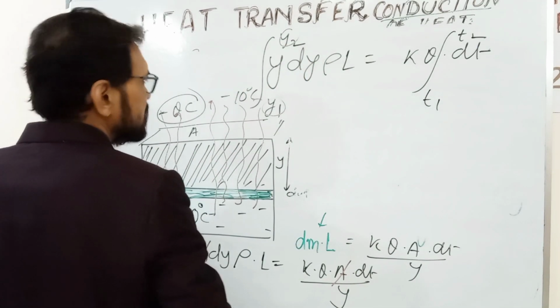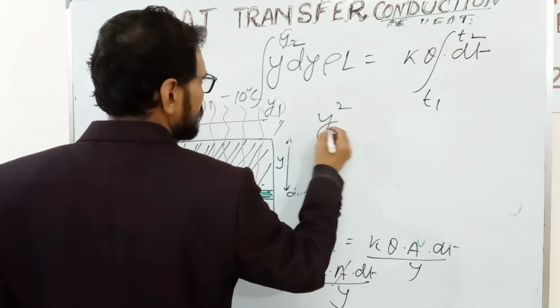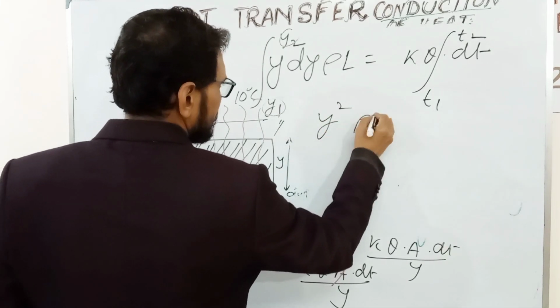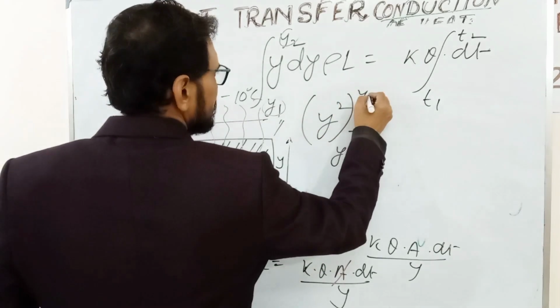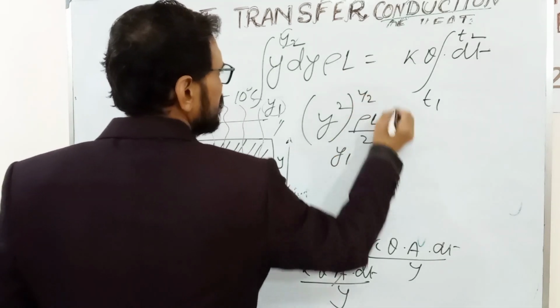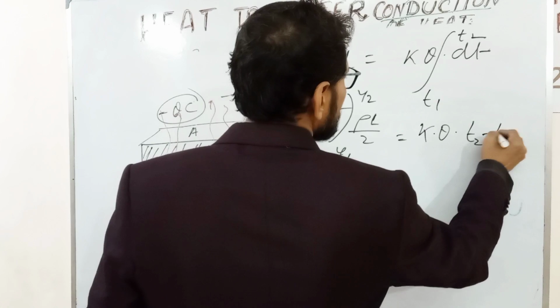So what is the value of this? Y square by 2 from y1 to y2 equal to k theta into t2 minus t1.